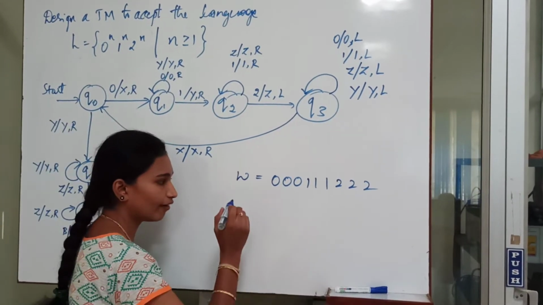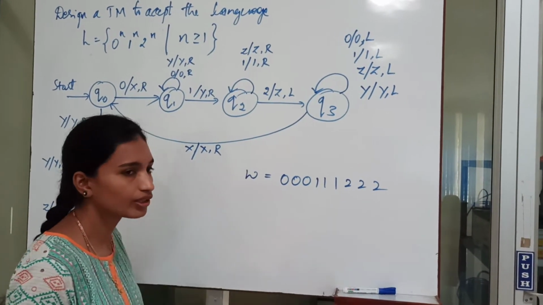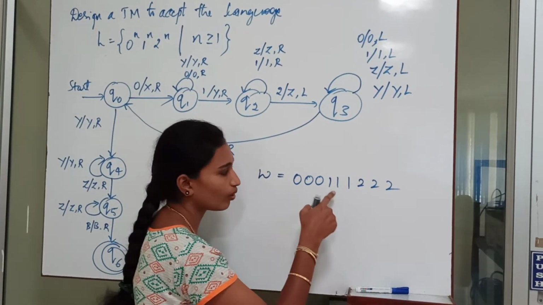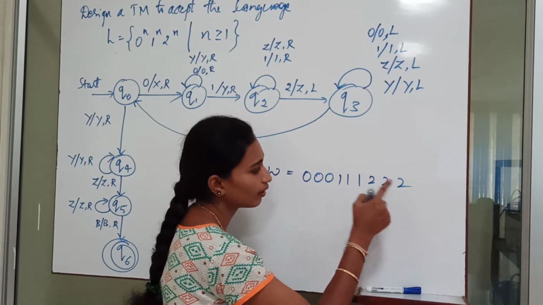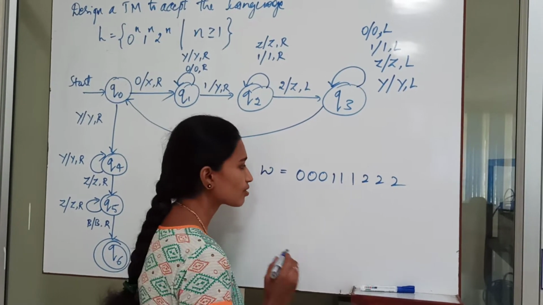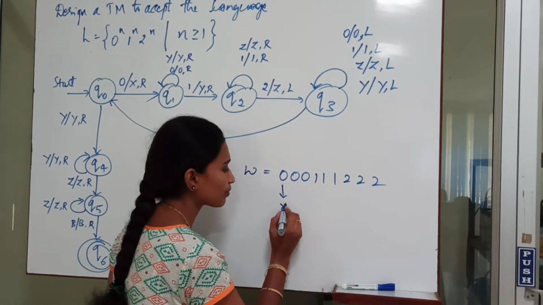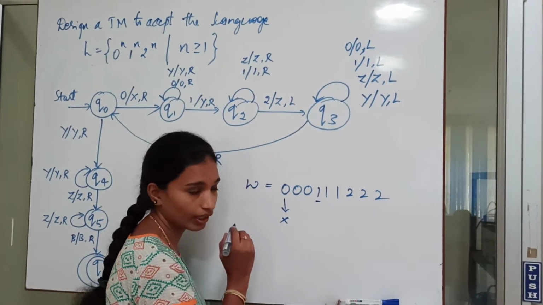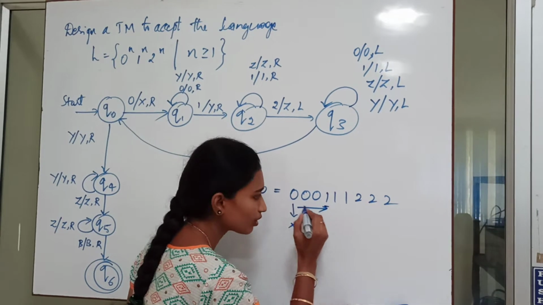So how do we say that the Turing machine can accept this language? All the zeros should be followed by all the ones, and then followed by all the twos. Now this 0 has to be replaced by x. Then we have to look for the leftmost 1, so we move towards the right.